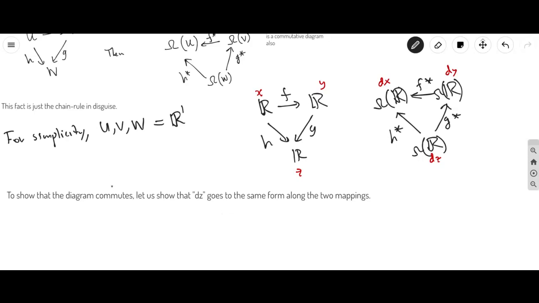So we have to show that if you start down here with dz and apply g star to it, and then you apply f star to that, that will give you the same thing as going this way. And you end up getting the same thing.